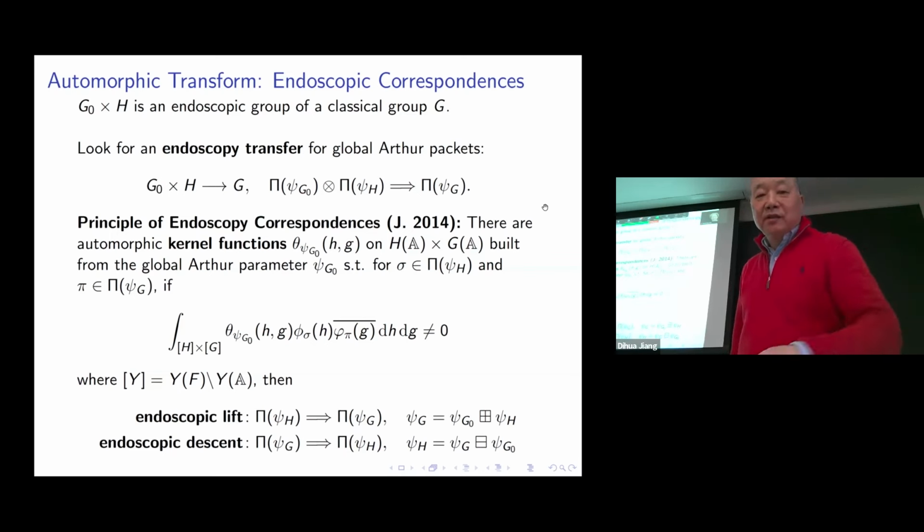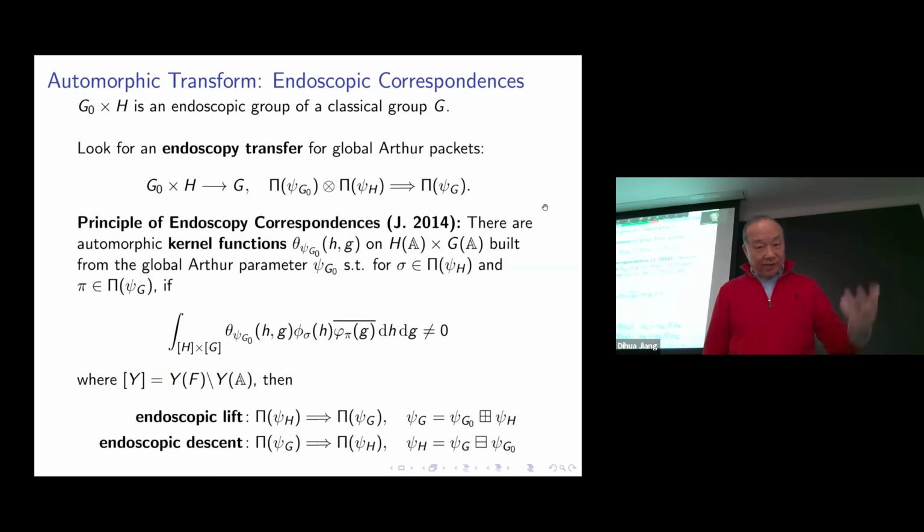So the idea is this. I use the information from G0 to build a kernel function. This kernel function only depends on G0. But in the theta correspondence situation, the kernel depends on a character, so in other words it's a sort of GL1 information. So now you have a cuspidal information there.